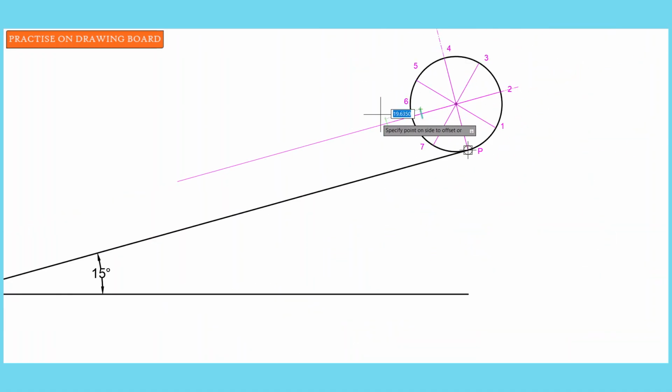Then you use your compass, you measure 157 divided by 8 and then mark 8 divisions on the center line and label them from center C, which is the middle of the circle, center 1, center 2, center 3, all the way to center 8.